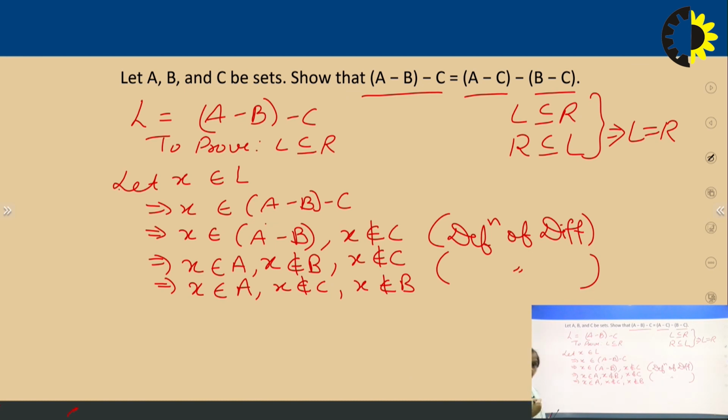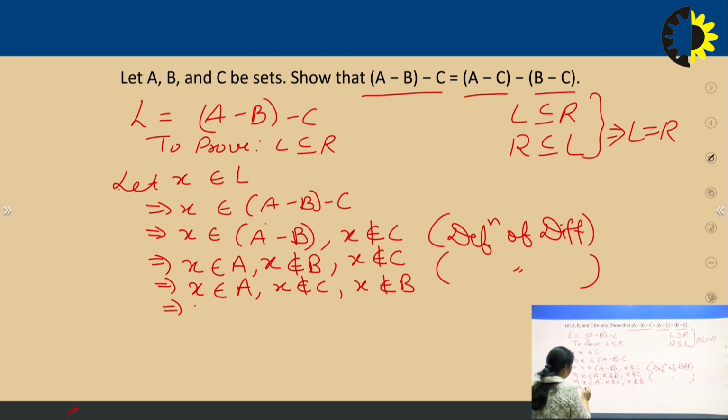Now what am I getting? x belongs to A, x doesn't belong to C, and I want the same type of expression in difference form for the right hand side.